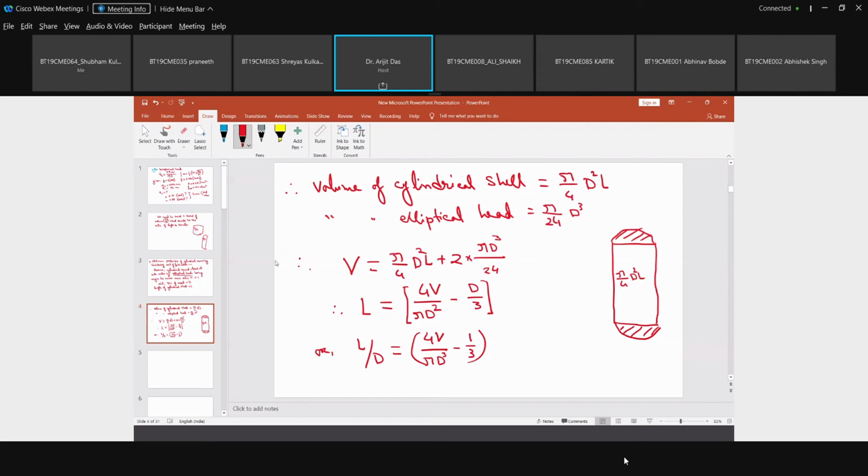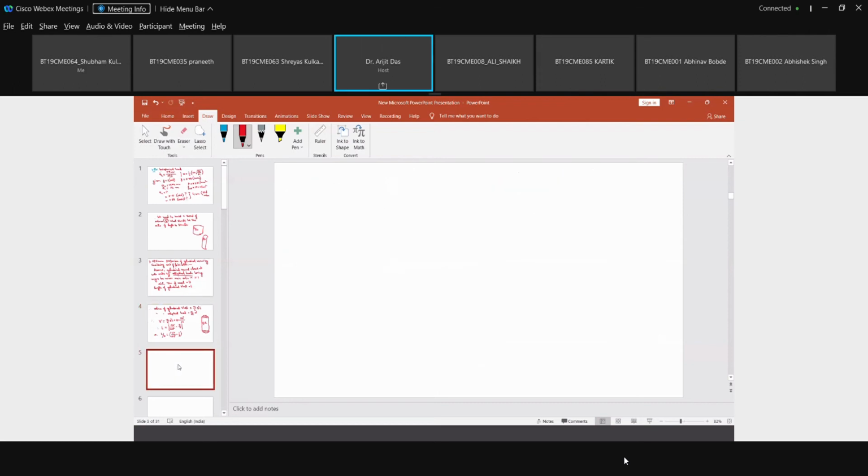Now we assume, since we are finding the L by D ratio based on the cost of fabrication, suppose CS is the cost of shell per square meter, shell material.